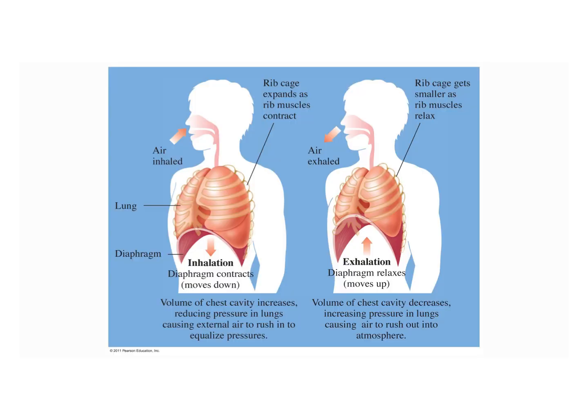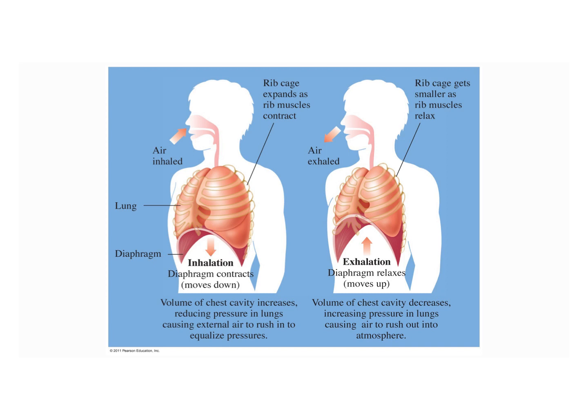When we look at this image, when we inhale air, our diaphragm, which is right here, moves down. It contracts, and the volume of the chest cavity increases, and that reduces the pressure in our lungs. So the pressure in our lungs is less than the outside air, and it causes external air to rush in to equalize that pressure, and that's how we inhale.